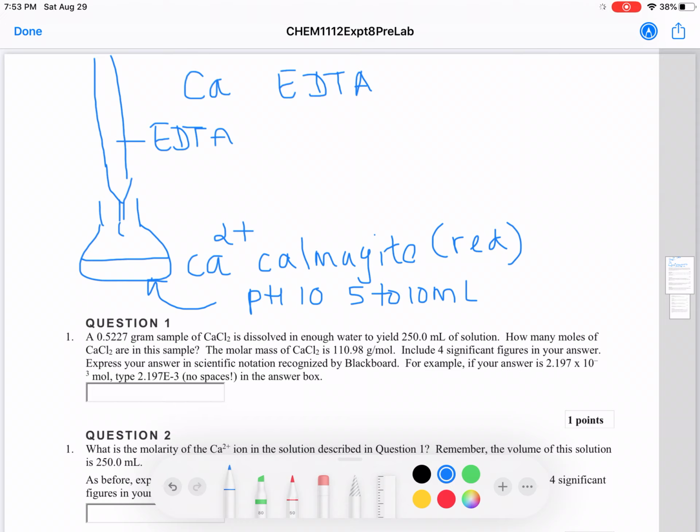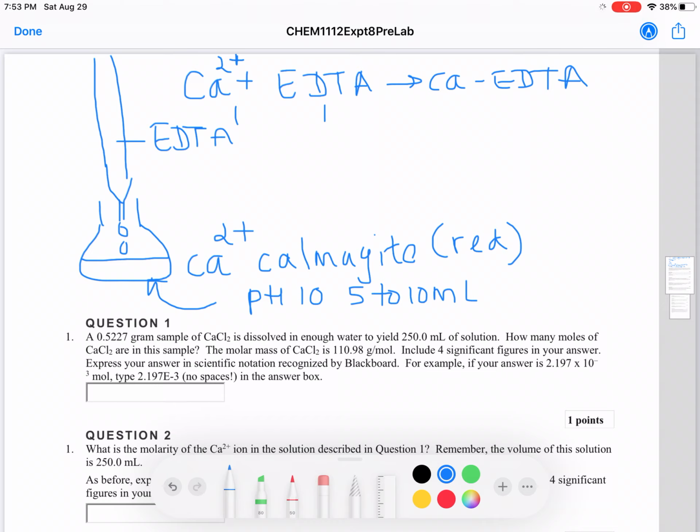So we're going to be adding EDTA from your burette. As we add EDTA and you have calcium ions in the flask, the EDTA is going to form a complex, a calcium EDTA complex, and the ratio is 1 to 1. 1 mole of calcium reacts with 1 mole of EDTA, forming a 1 to 1 complex of calcium EDTA.